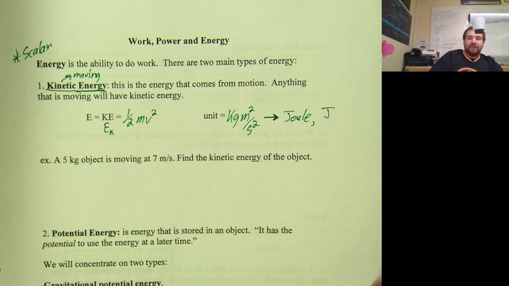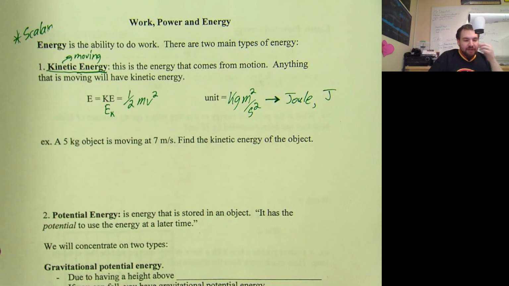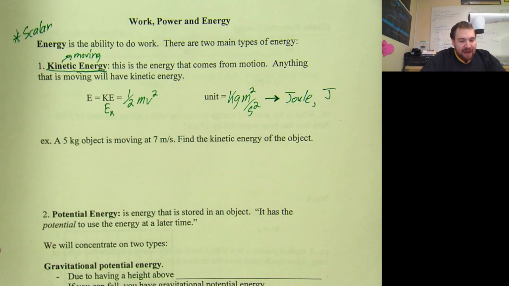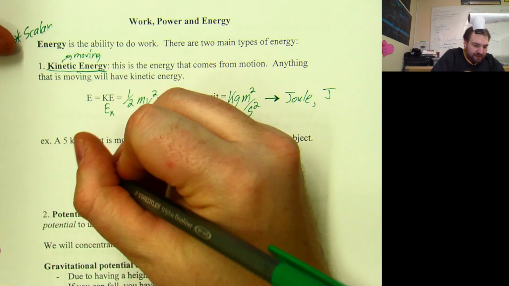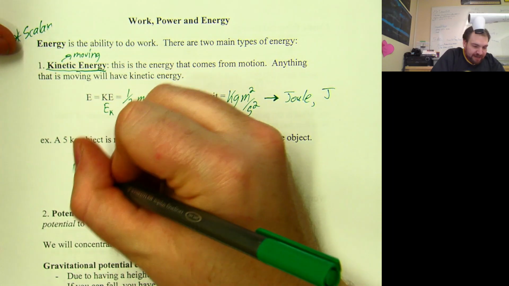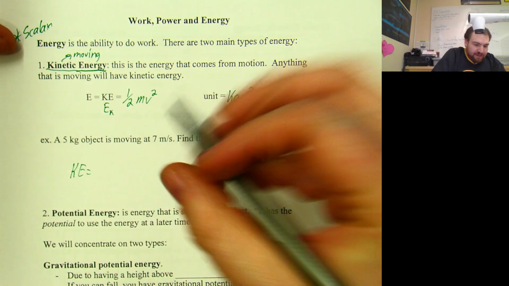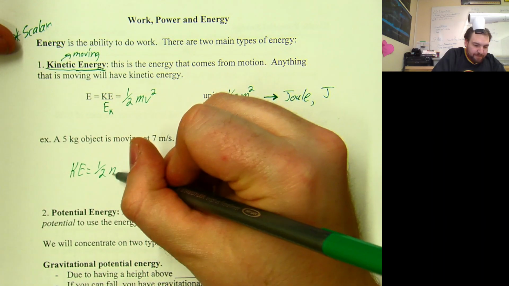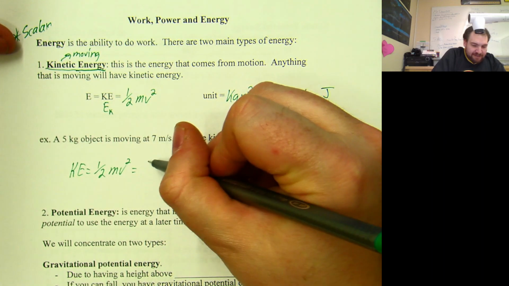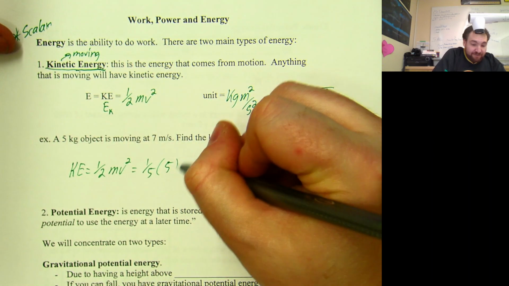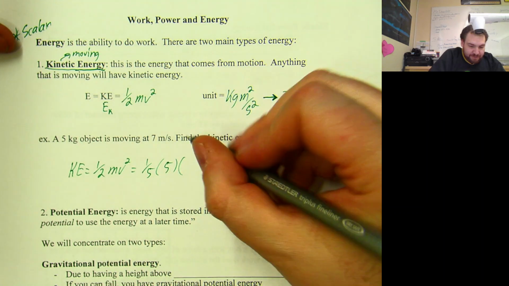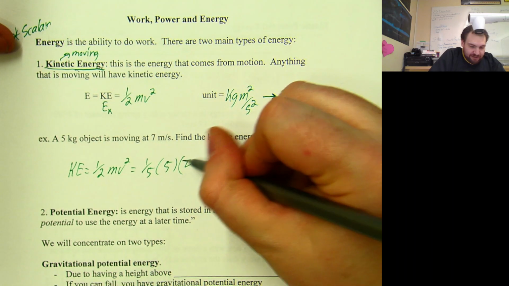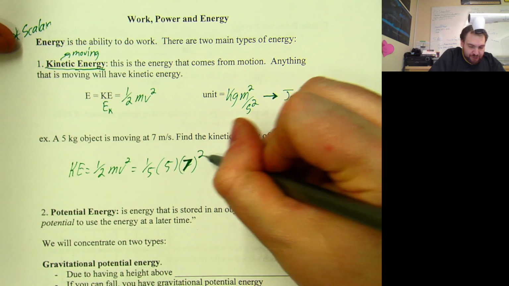So for example, if I've got a 5 kilogram object moving at 7 meters per second, what's the kinetic energy of that object? Kinetic energy is just going to be half mv squared. The mass is 5 kilos and it's moving at 7 meters per second, so that's going to be 7 squared.